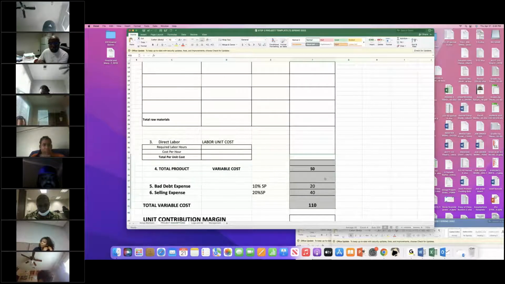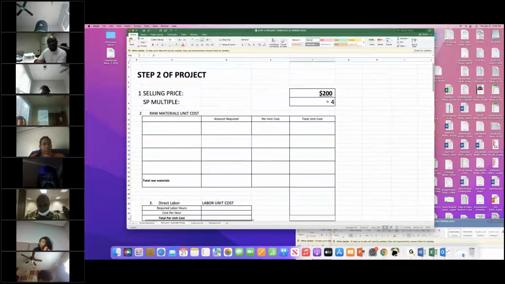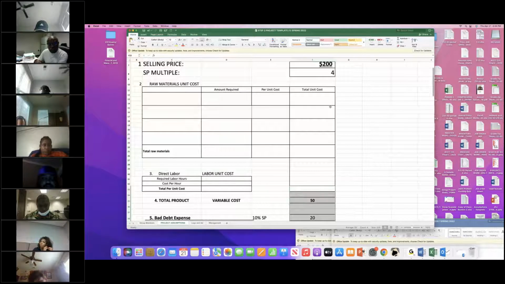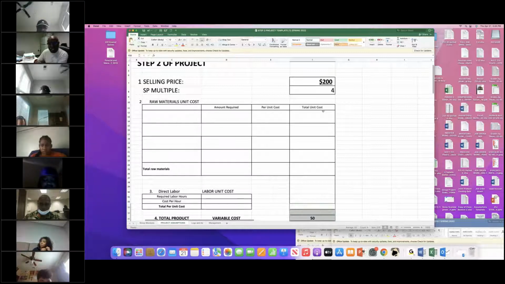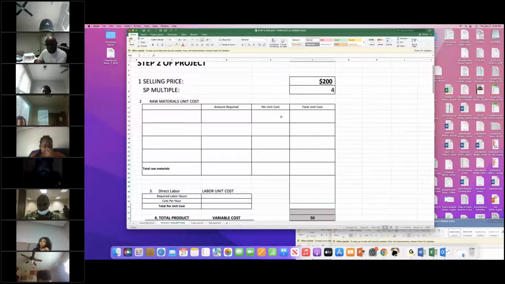So you got to create your own selling price multiple. These are your numbers. Are those the numbers we have to use? No, this is an example. I'm just giving an example of how you set it up. You have to buy your raw materials and you'd have a cost.